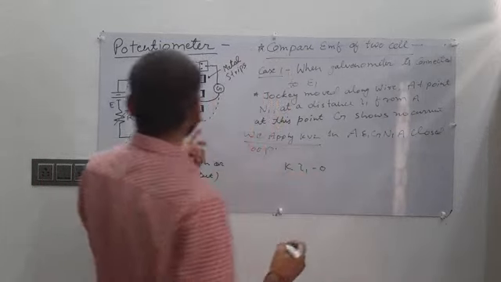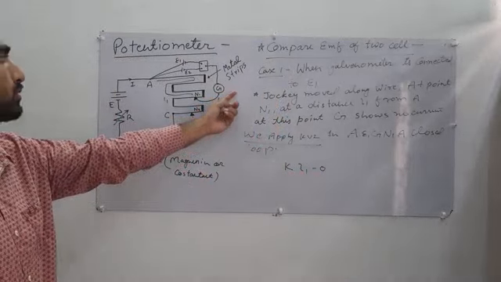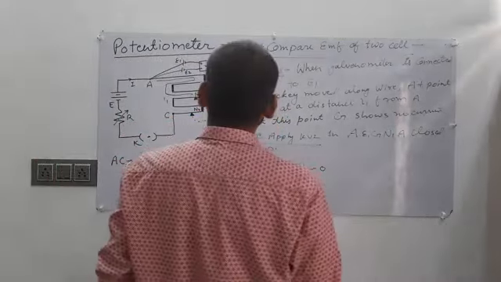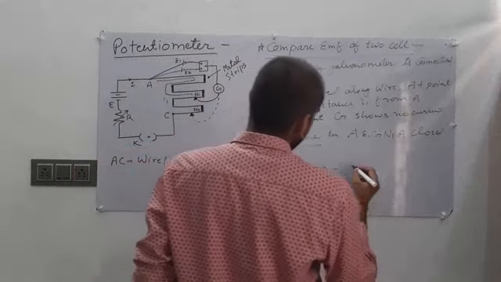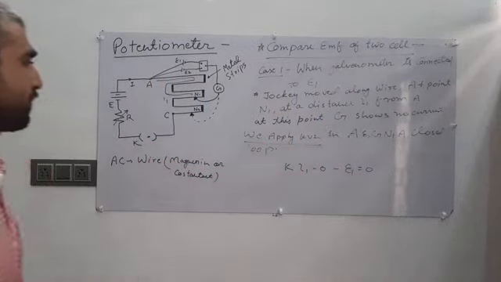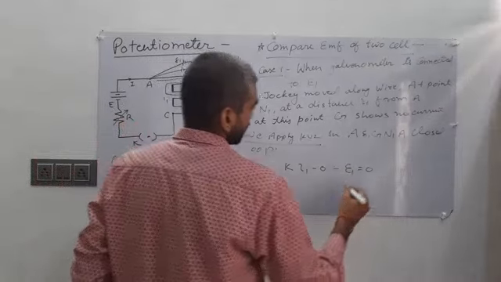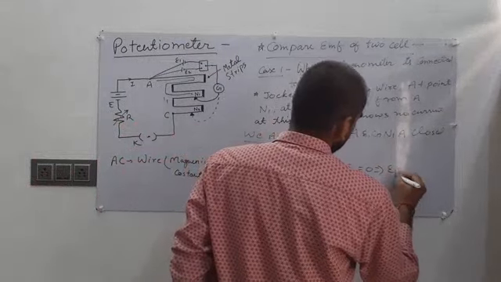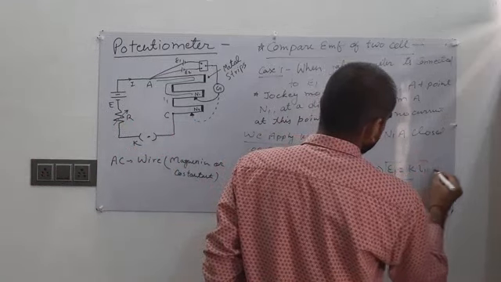Minus 0, because the current in the galvanometer is 0, so the voltage drop is also 0. Minus E1 equals 0. That means E1 equals K L1. This is equation number one.